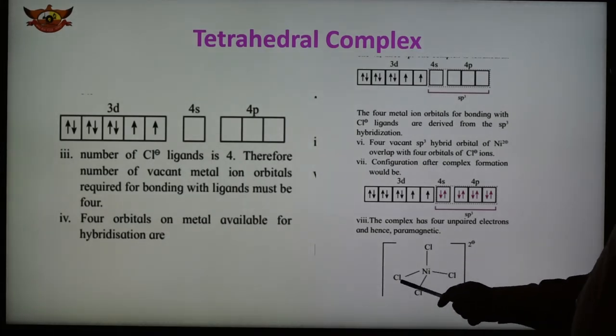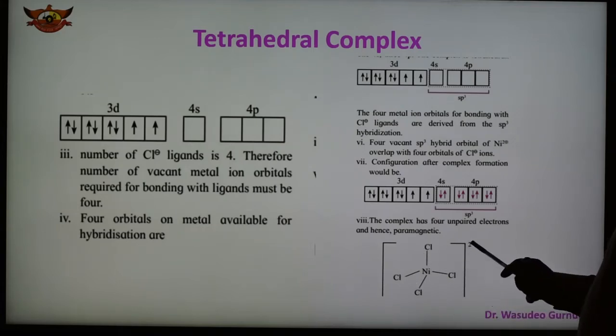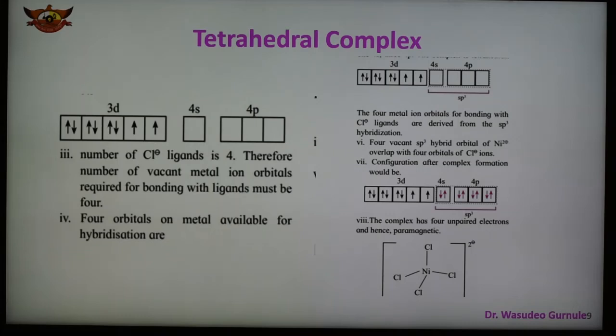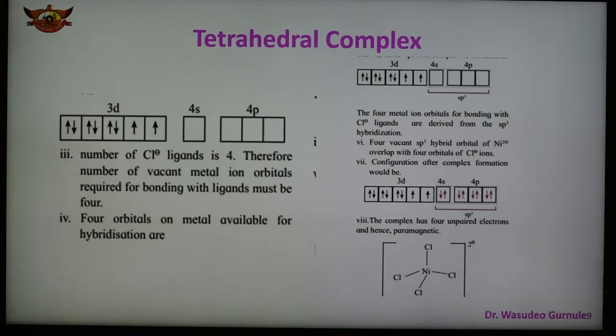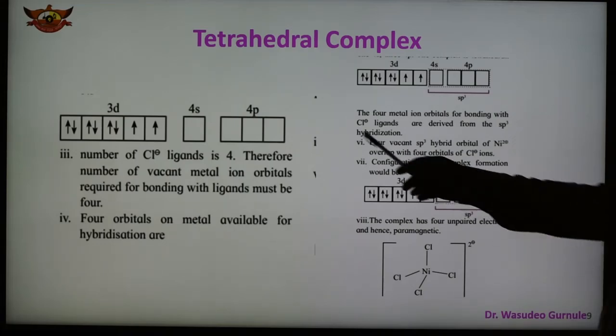There are 4 corners in a tetrahedral, 1, 2, 3, 4, and the coordination number in this case is 4. So 4 ligands are there, the coordination number is 4, and this is the tetrahedral geometry shown for this complex.